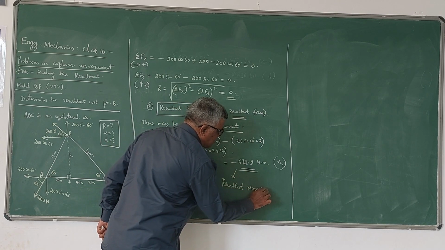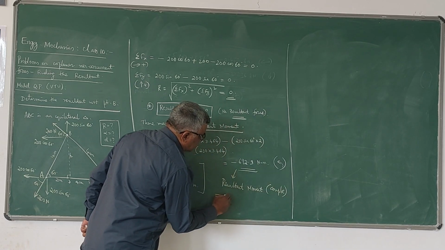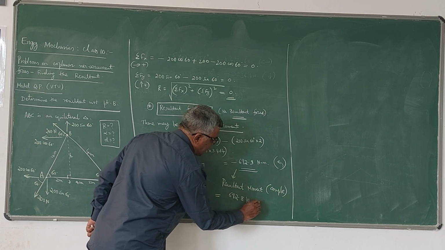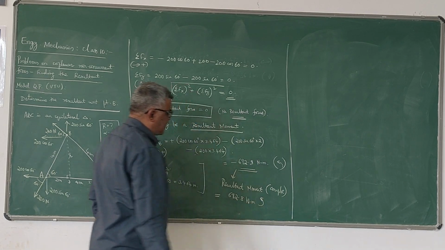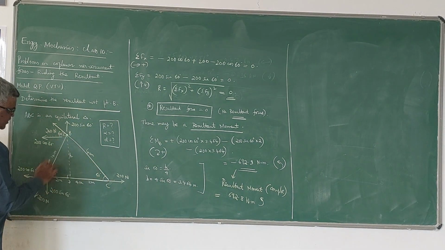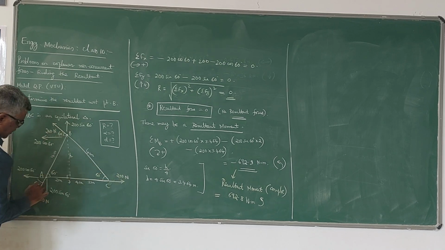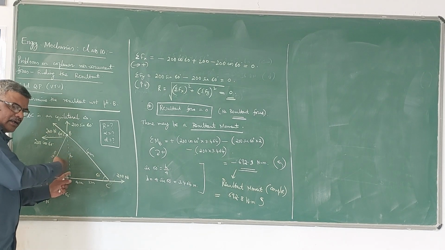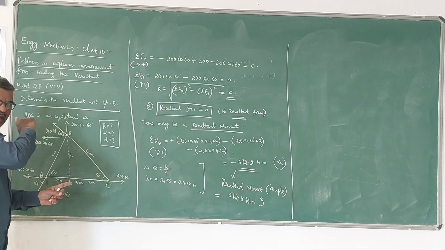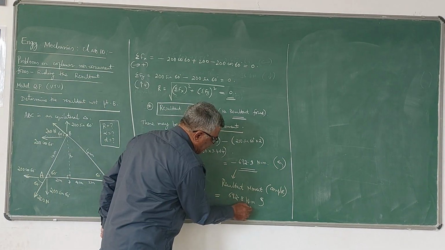So it leads to a couple, 692.8 Newton meter anti-clockwise. The meaning of this is due to the application of these three forces, the total effect is that it rotates this equilateral triangle object in the anti-clockwise direction with this moment.